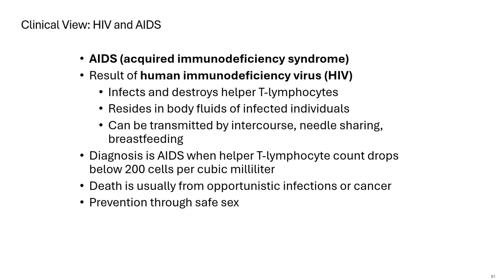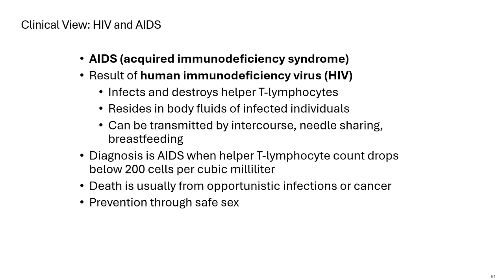So you can have HIV without AIDS, but you can't have AIDS without HIV, right? And so this can be transmitted through bodily fluids, so through sexual intercourse, needle sharing, and also potentially breastfeeding as well, right? So combating each of those potential transmission modes is helpful in reducing the transmission of HIV and thus AIDS as well.